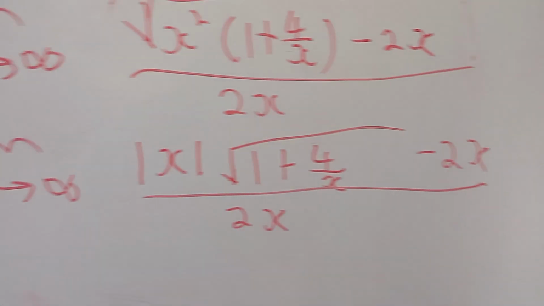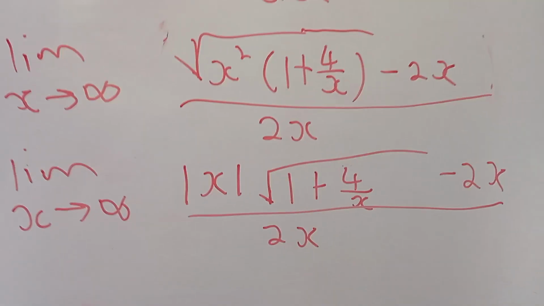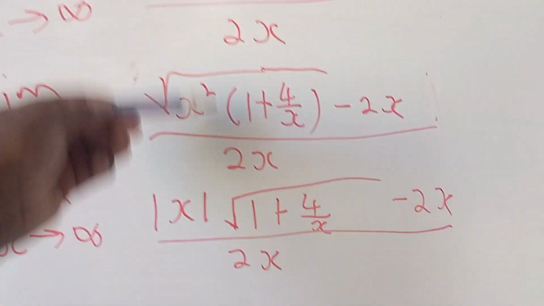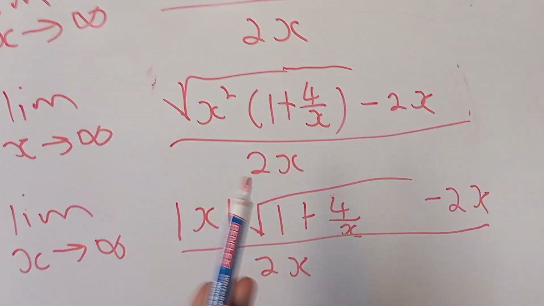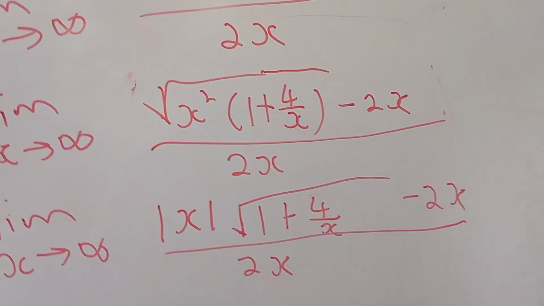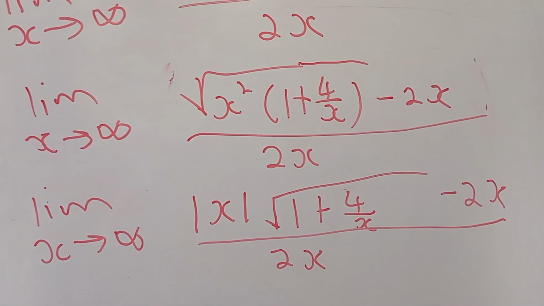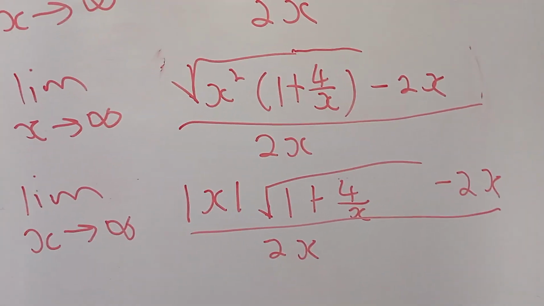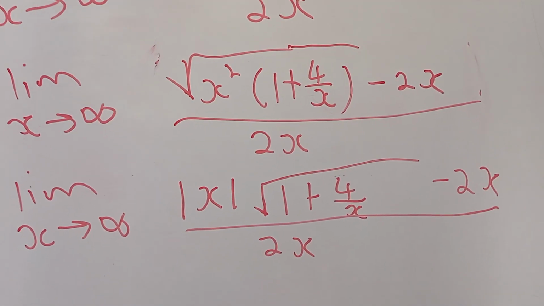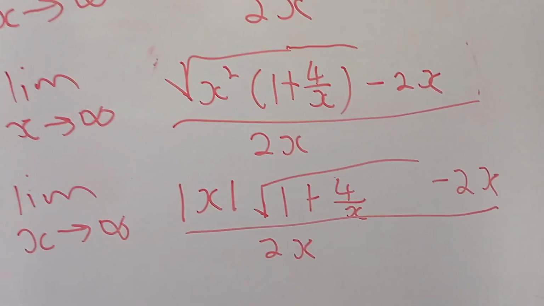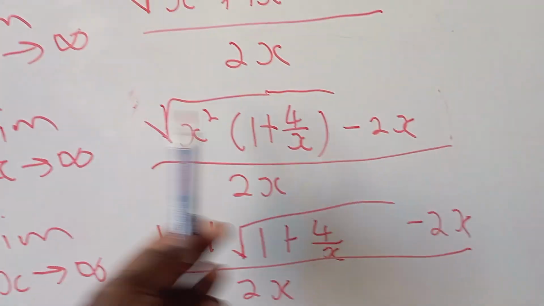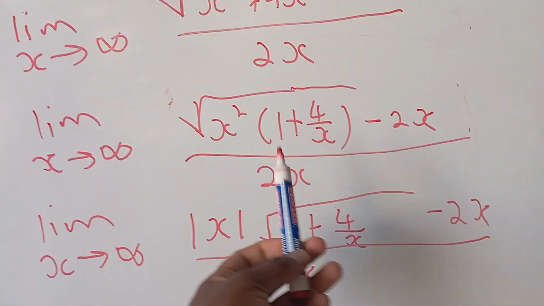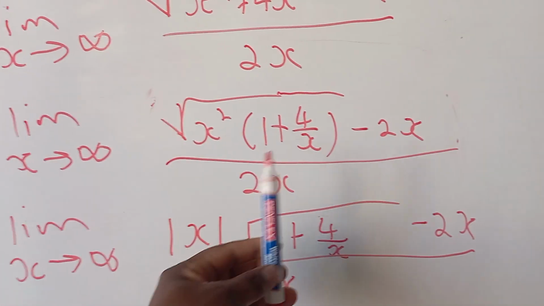So when we have it like this, now we've removed the square root of x squared, we separated it. After doing that, because when you multiply back, x squared times 1 gives you x squared.